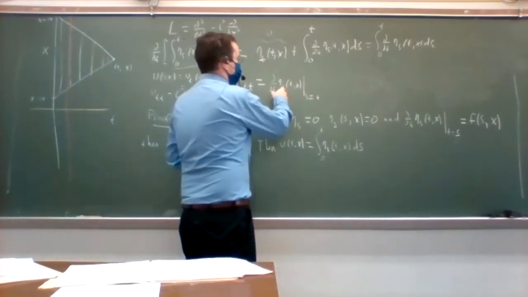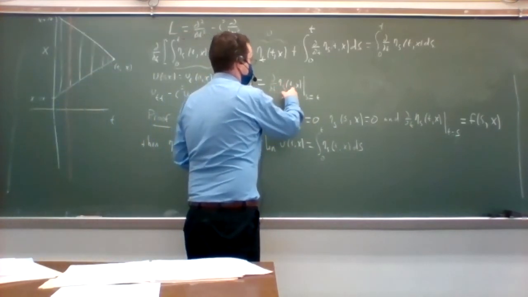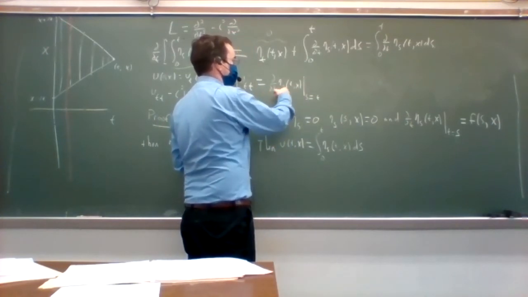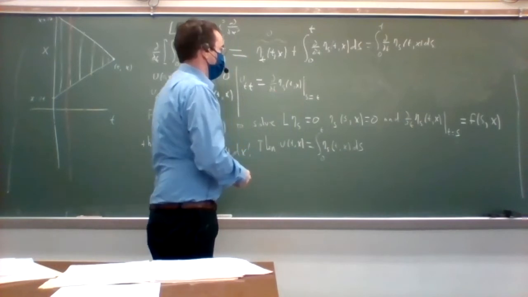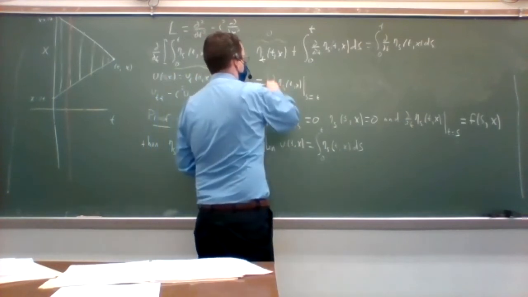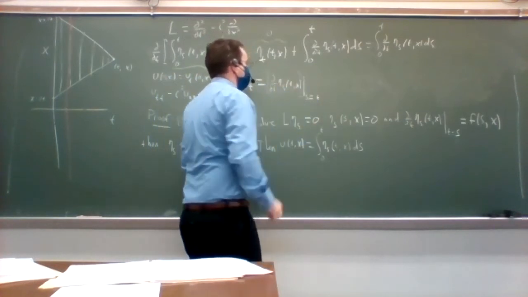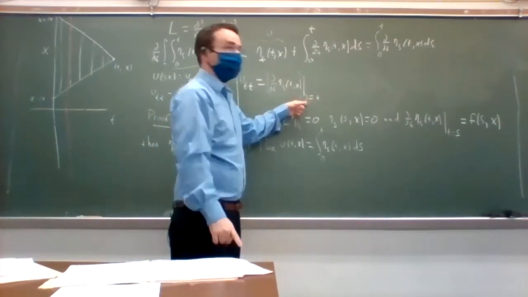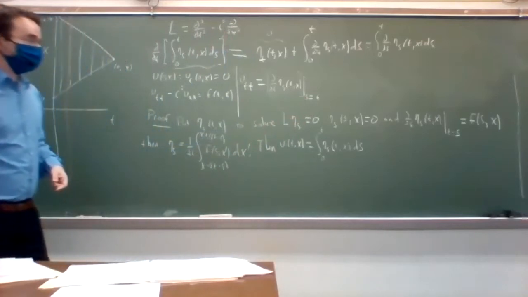I could have just written down eta of t of x, but then you might get confused and think I'm trying to differentiate that two variable function. I'm not trying to do that. This is already the derivative of this function with respect to t, and then t is being plugged in for s. So that's important.